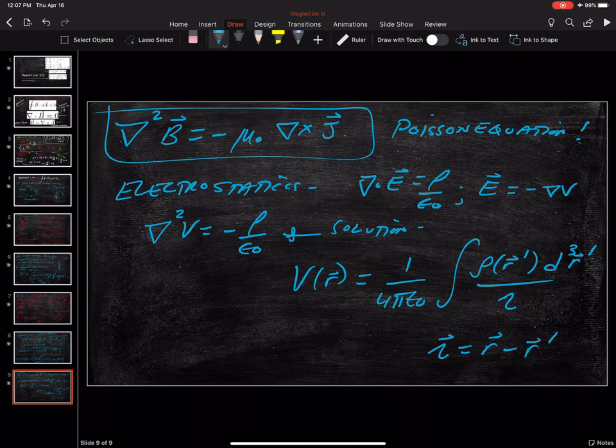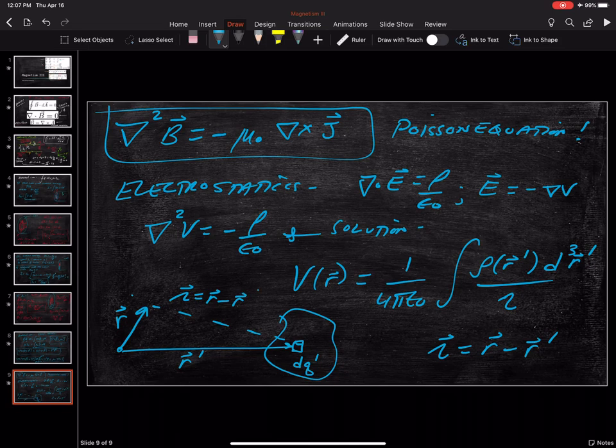So again, remember the whole idea. Here's your origin. You want the field over here, and here's your charge distribution over here. You go to some little dq prime, and this is your vector R prime. And this R is R minus R prime.